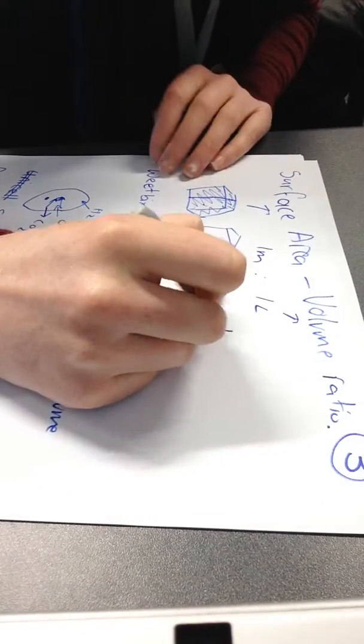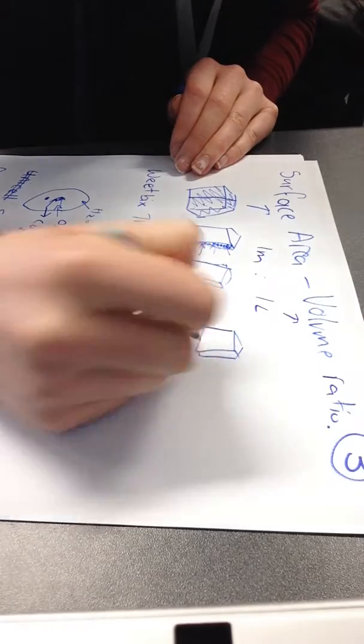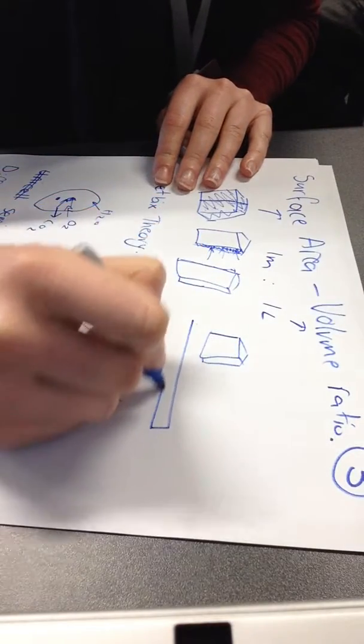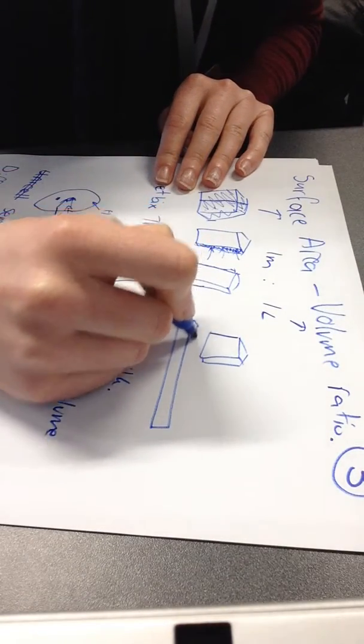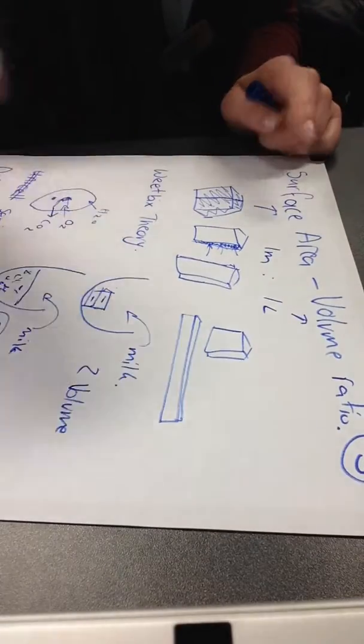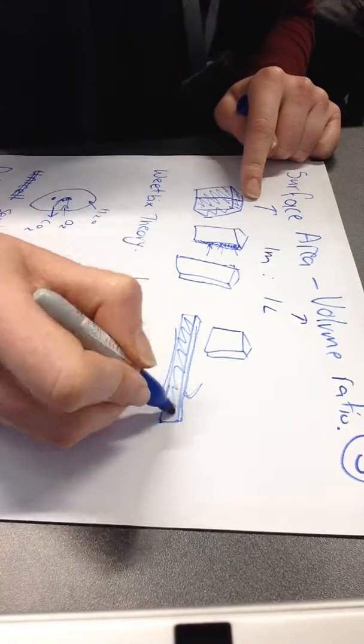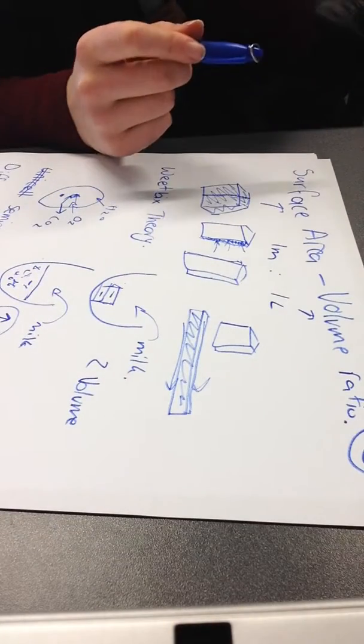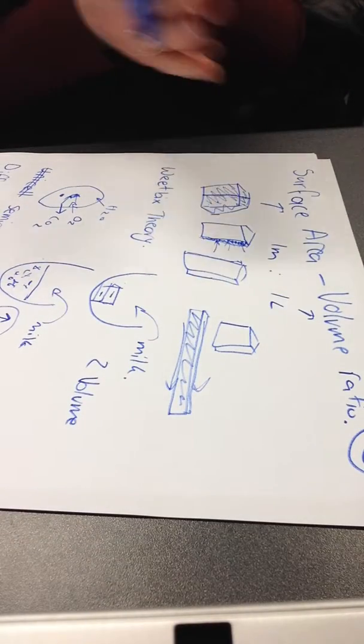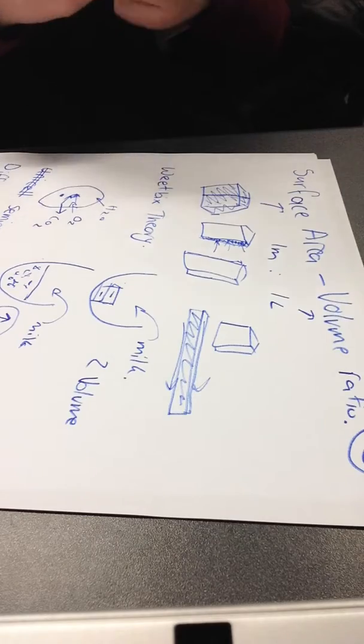If you think about a square like this, and then I do the same volume but stretch it out, that's going to have a greater surface area. There's much more stuff here. So that's another way of increasing surface area, making things really skinny. Okay, so basically that is surface area to volume ratio.